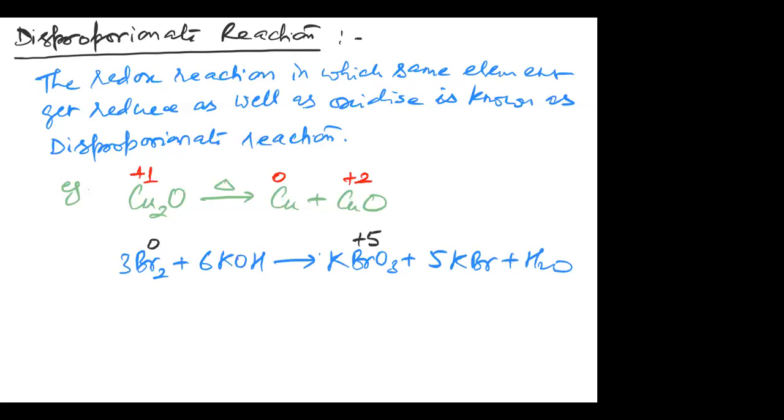It increases to +5 and decreases to -1. So in the reaction, the same element bromine gets oxidized as well as reduced. So it is a typical example of a disproportionate reaction in which the same element bromine gets oxidized as well as reduced.